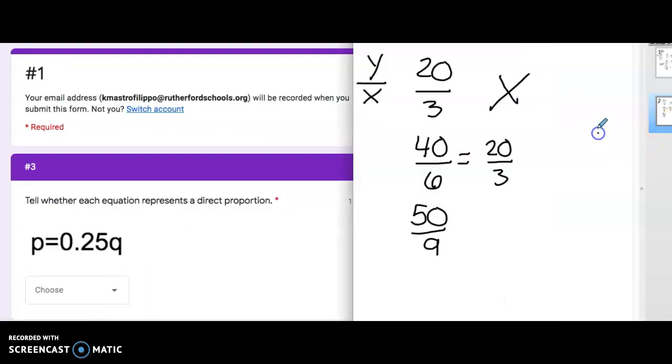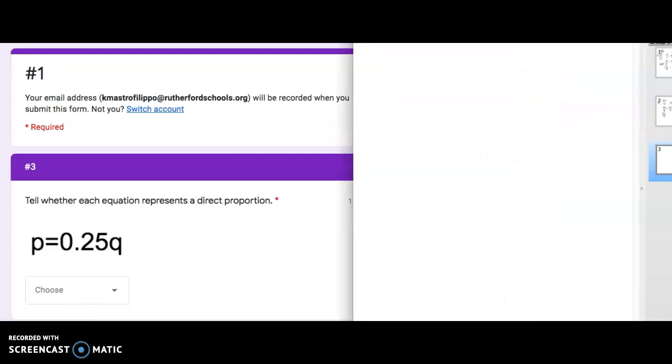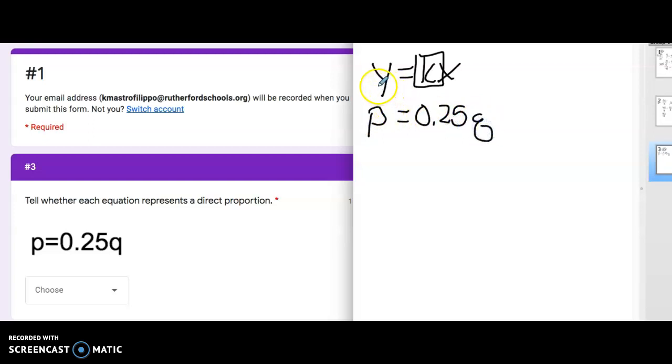Next, moving on. All right, direct proportion equation. Is this a direct proportion equation? y equals kx, where k is a number. We have p equals 0.25q. Does this match here?